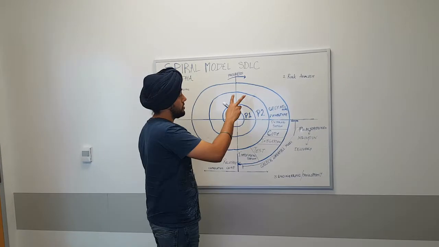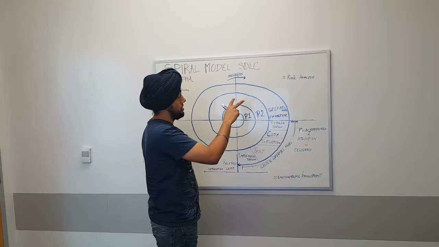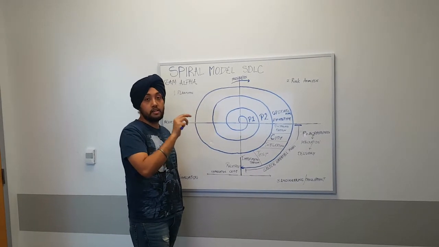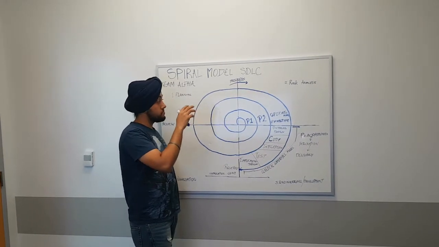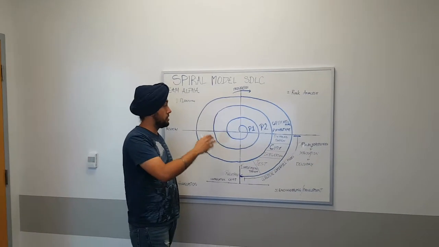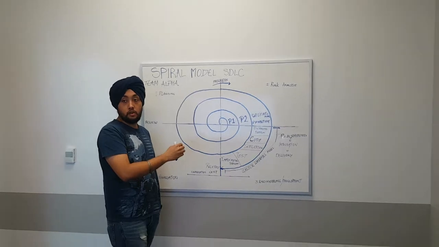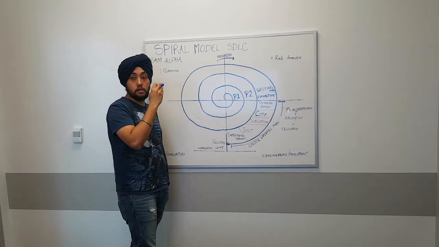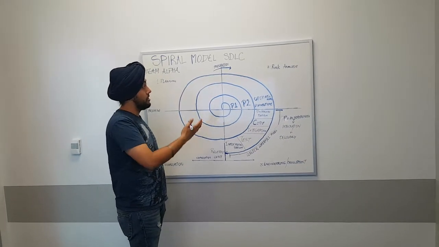Also, since we put a lot of emphasis on the risk analysis part, and risk analysis needs specific expertise, we need special experts who could run us through the whole process involved in this. And also the model can be a little expensive to use.